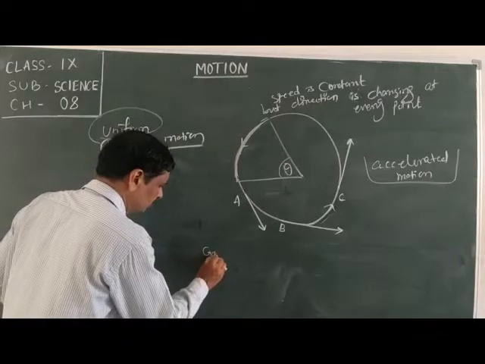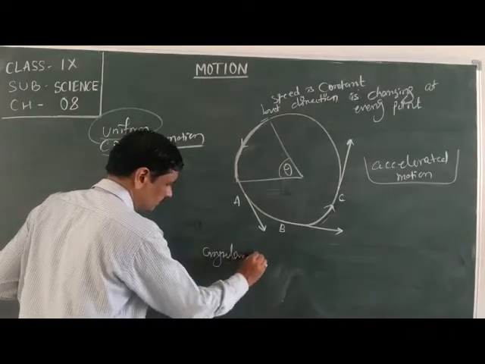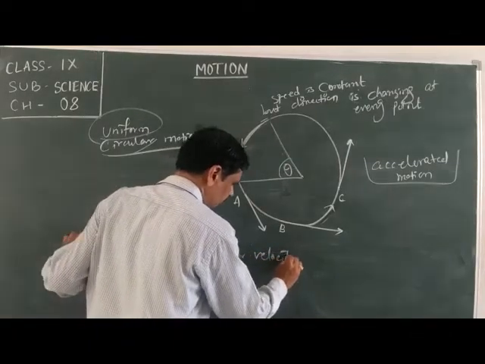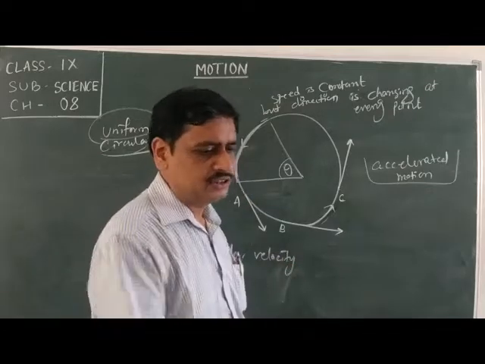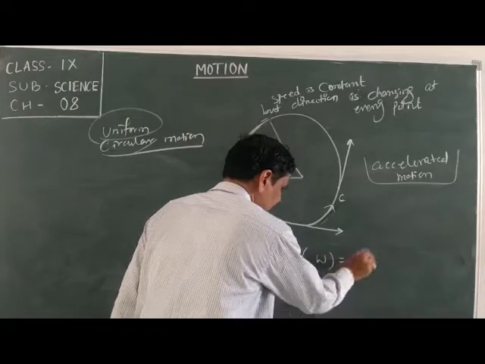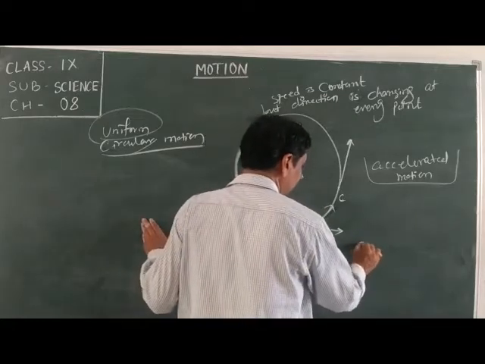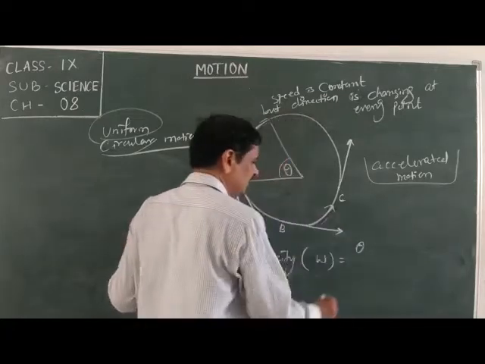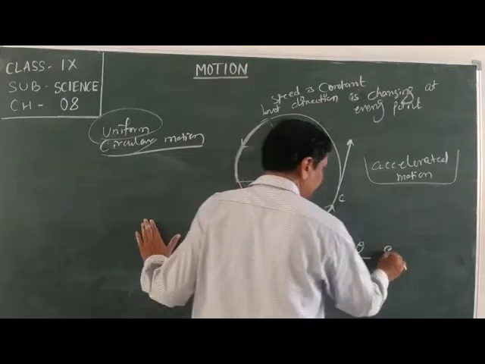If angular velocity is denoted by omega, this is equal to theta, that is angular displacement, by time taken.